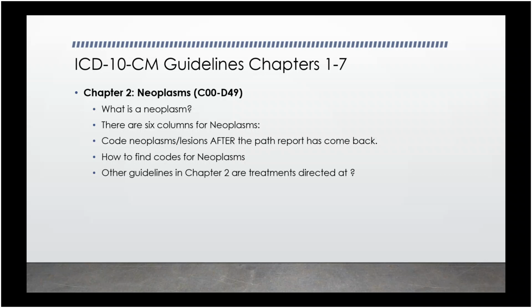All right, neoplasms. With the neoplasms, this is the one where we're going to use the neoplasm table. And you're going to start in one of two places. You're either going to start in the index for something like adenocarcinoma or leukemia, or if it tells you it's a carcinoma or a benign neoplasm, you're going to start in the table.